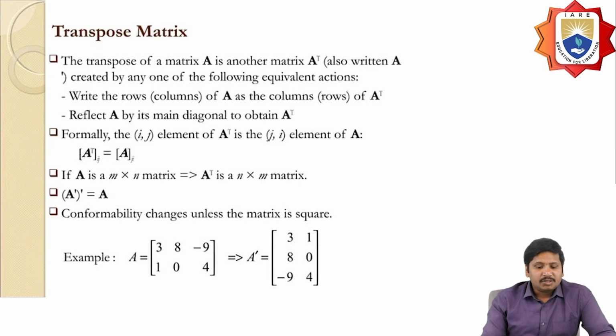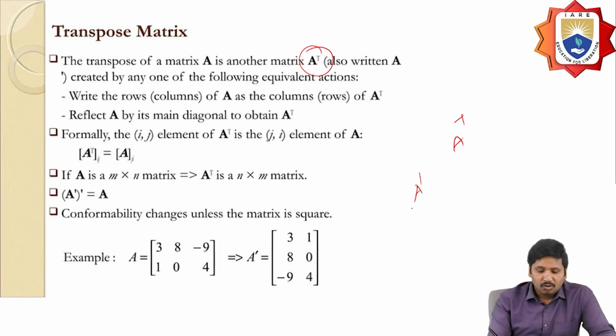The next one is the transpose of a matrix, which is represented as A power T. Formally, we also have the inverse of the matrix, which is the complement of the matrix. If I apply the inverse to that matrix, we can get the original matrix. See here, if I have a matrix like this, once I apply the transpose, all the rows become columns.